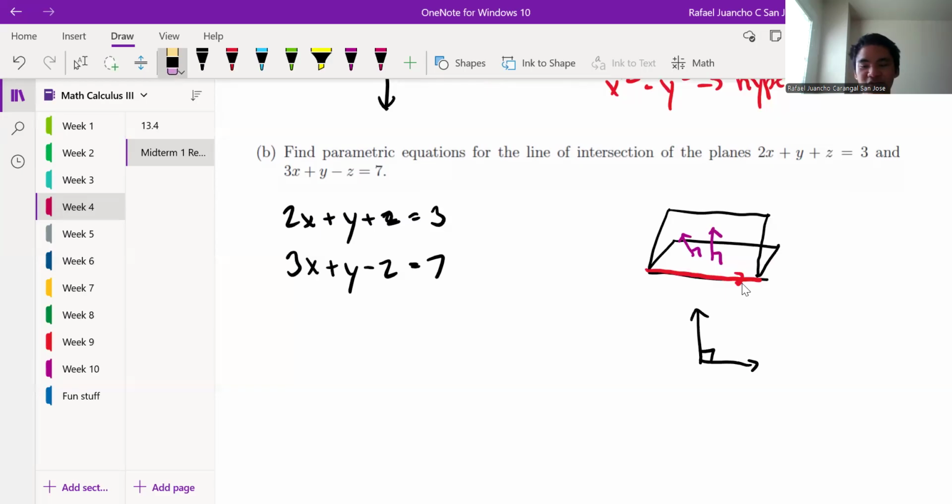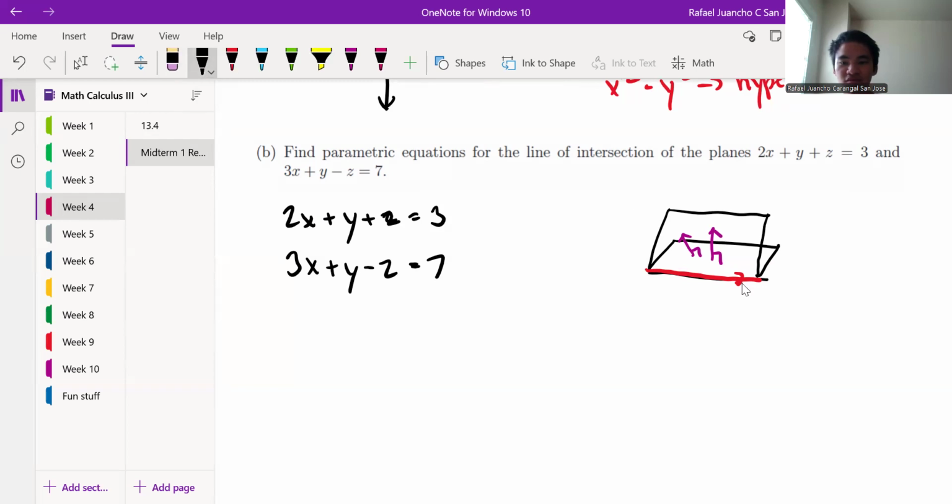So how do we go about it? Let me think. Well, if they're perpendicular to that vector, then if we get the cross product, right?